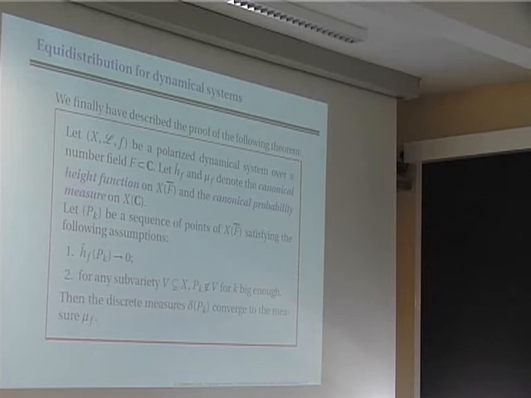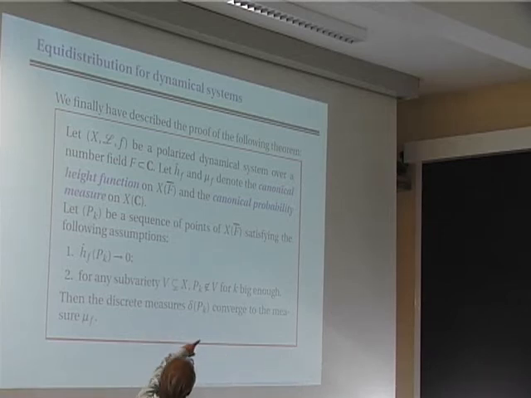And so this concludes the description of the equidistribution theorem for, let's say, dynamical systems. Take a polarized dynamical system over a number field F contained in C. Denote by hF and muF the canonical height and the canonical measure attached to this dynamical system.